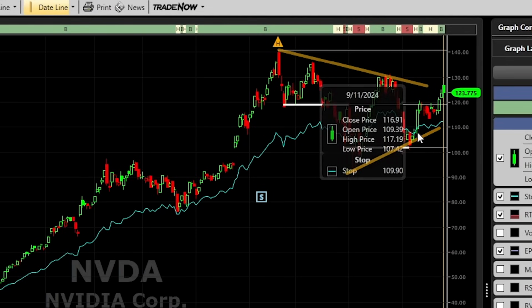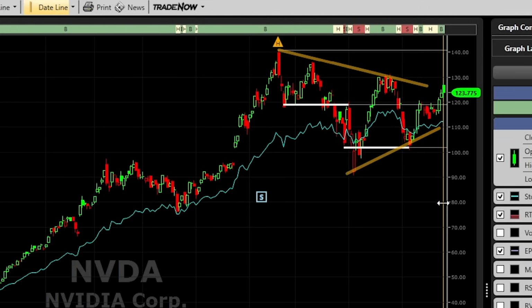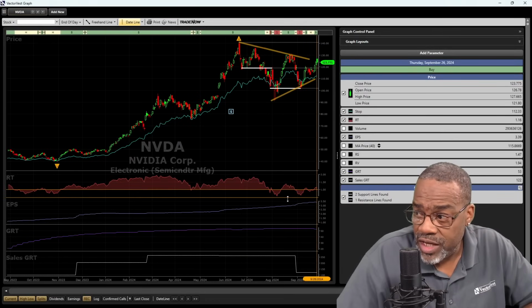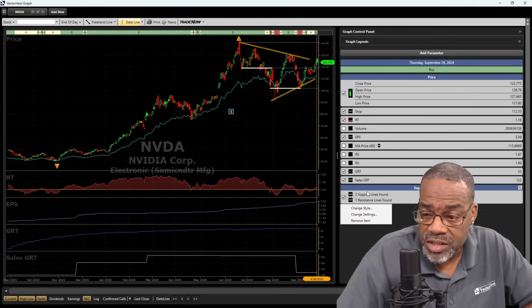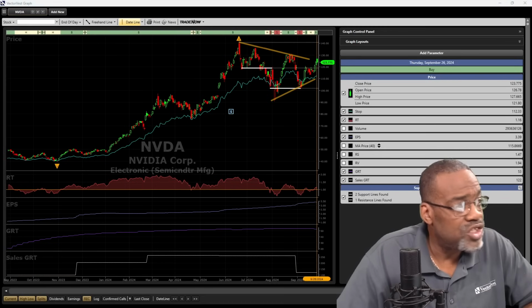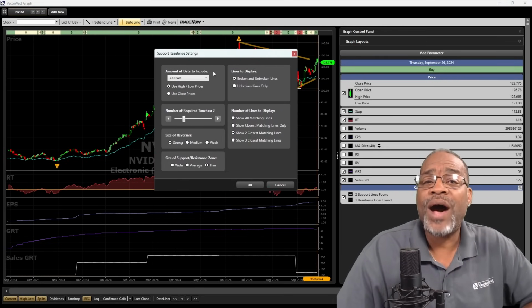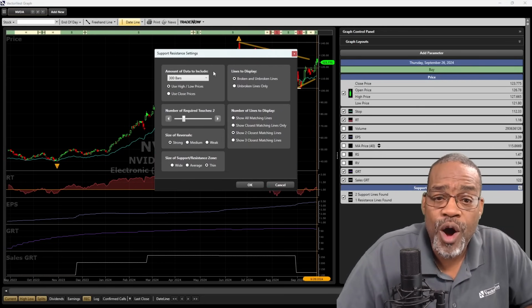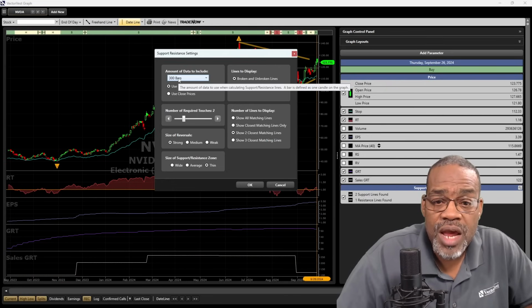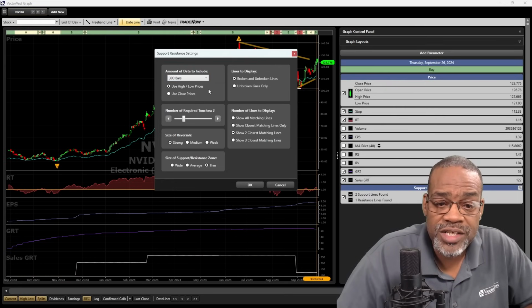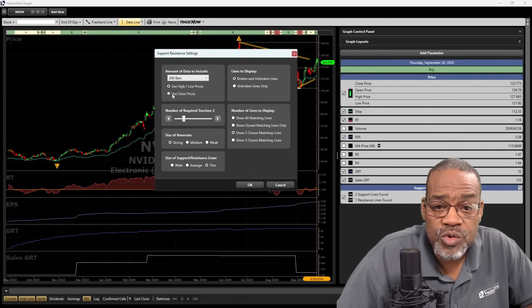Now, this is just generic, and I'm going to do a couple of things to, again, showcase the power of the VectorVest software. If I right-click over here where it says support resistance, I can change the settings. The settings are set up so that we're looking back about a year as far as bars, 300 bars. I'm using the high-low prices, the high and the low prices, as you can see right here, or I can use close prices.